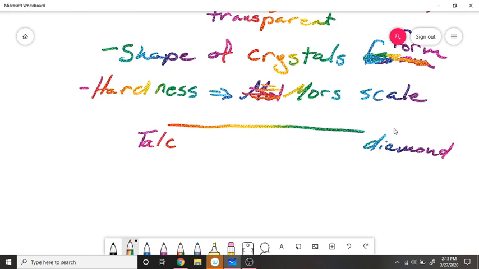And talc, basically like baby powder, is the softest. That would have a rating of 1, where a diamond, which is one of the hardest materials known to man, would have a rating of 10. And then there's a list of other minerals that fall in between. That's how they rank the minerals based on hardness.